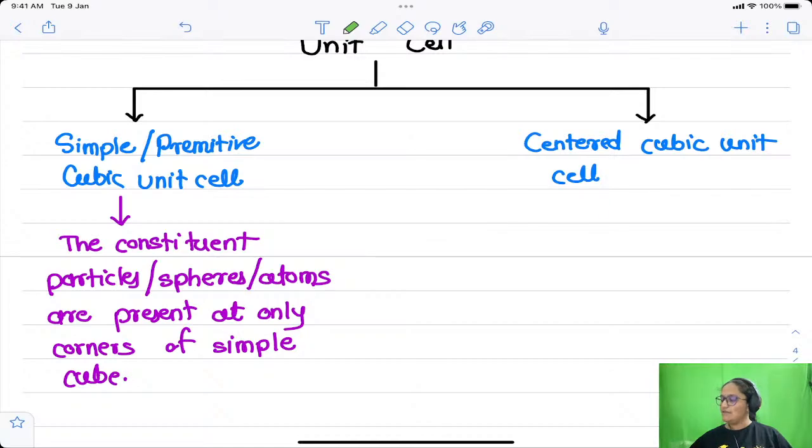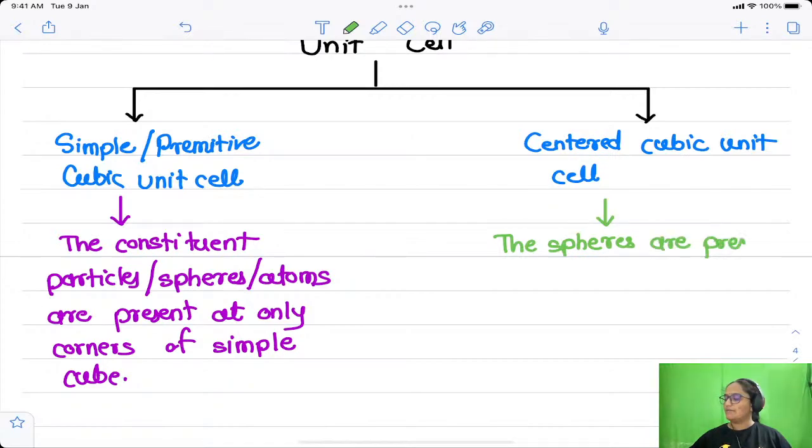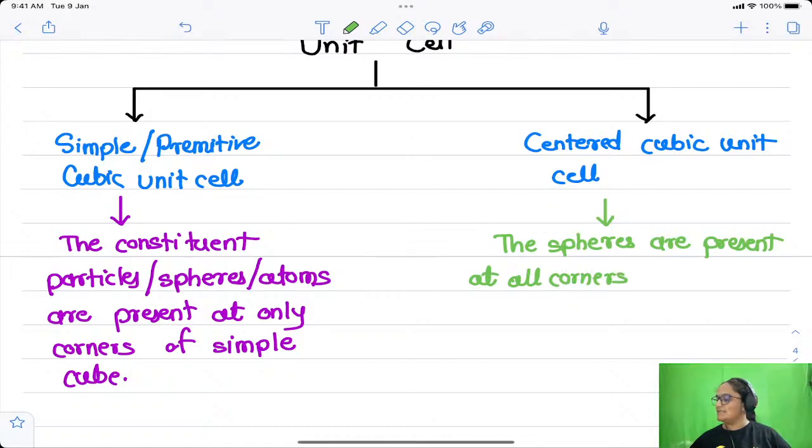Now in a centered cubic unit cell, the atoms are present at, I'll write only spheres, I will not write atoms and constituent particles again and again. The spheres are present at all corners, as well as some other locations.